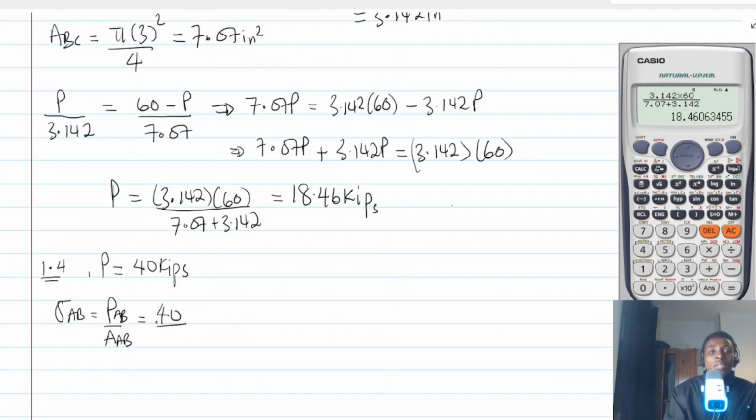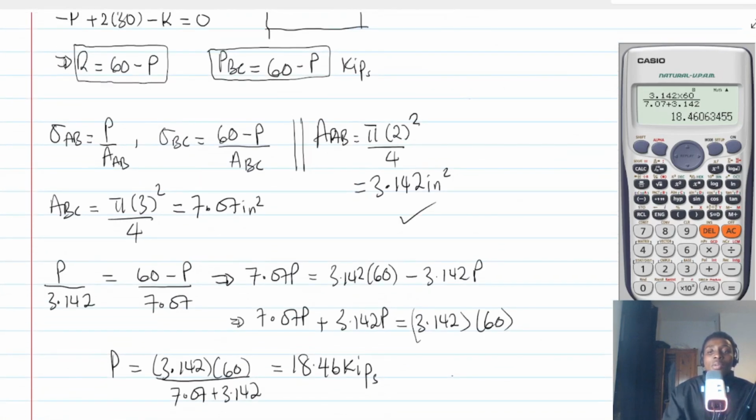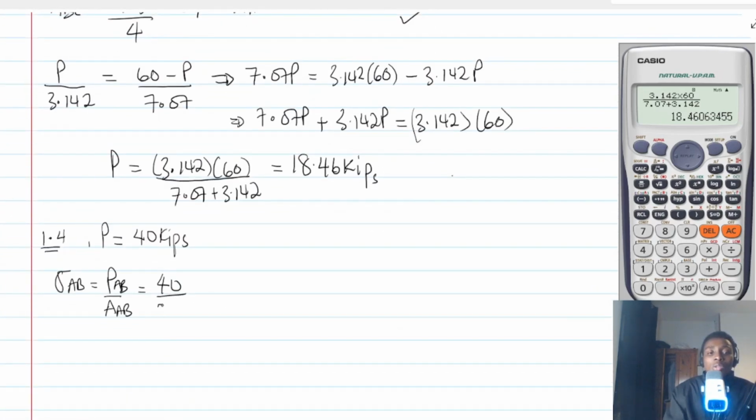So 40 divided by the area in AB, which was 3.142. So this is going to give us 40 divided by 3.142, so 12.73. Okay, so if we know the exact value, it is straightforward.